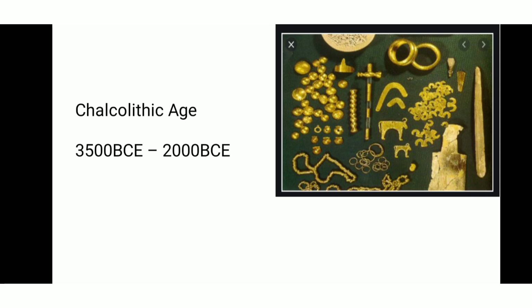Moreover, this Chalcolithic Age is the first metal age of India, a period around 3500 BCE to 2000 BCE. And this usage of metal started from Eastern Mediterranean. Hope you're clear with it.